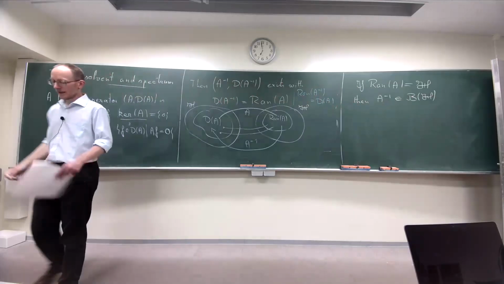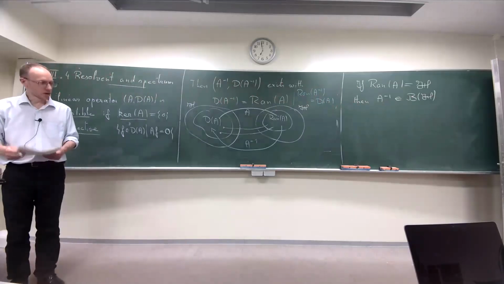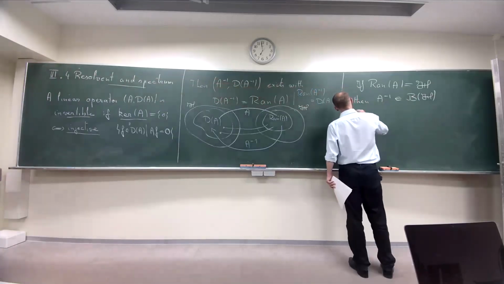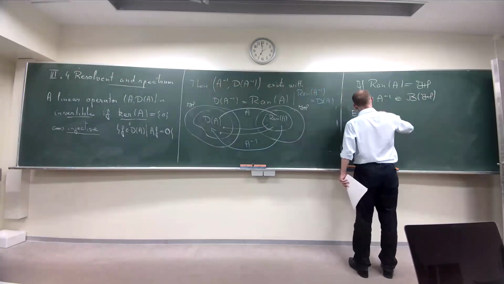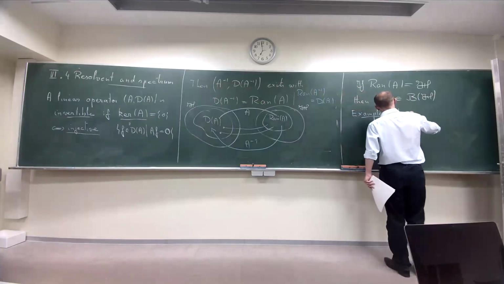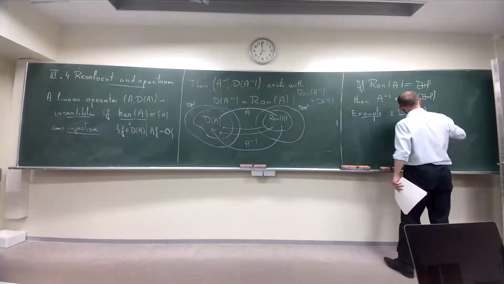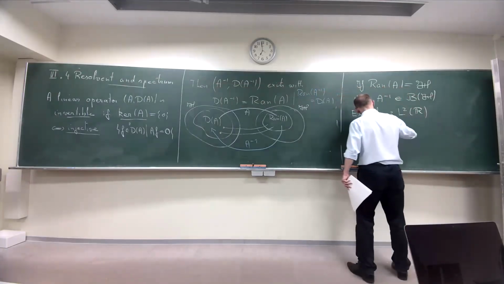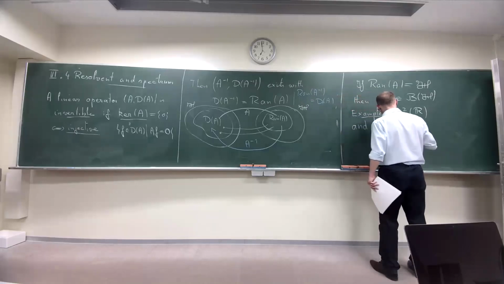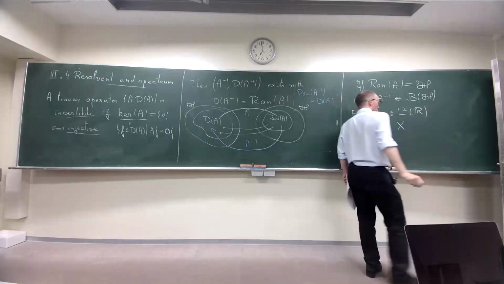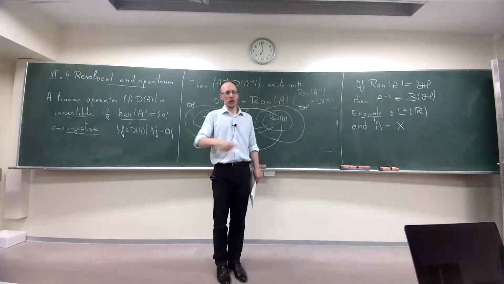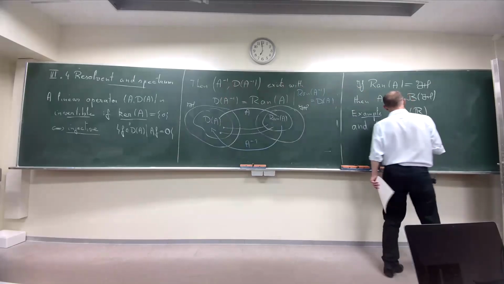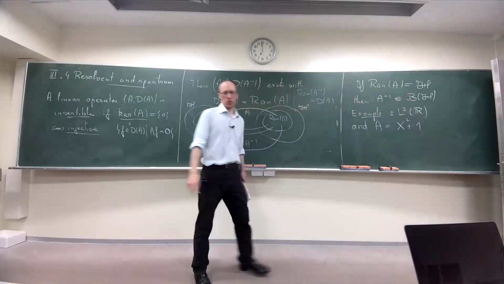Do you want an example? Okay, we can look at an example. Consider L2 of R, the set of square integrable functions. And let me take A equal to, we know X is not bounded, but I want to take X squared plus 1.